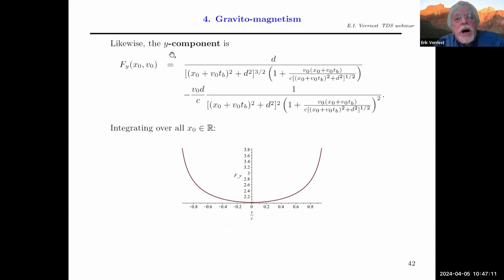If you look at the y component, we can also compute that for the elementary particle at position x0. And then if you integrate over x0, you see that yes, there is this quadratic looking form here for the force on the particle.